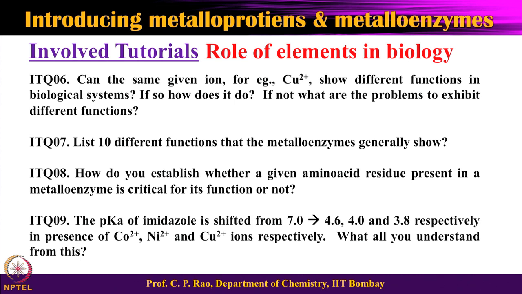If you take iron, there are several hundreds of enzymes, and at least a dozen classes of enzymes. If you take zinc, there are several hundreds of enzymes, at least more than half a dozen classes of enzymes. Take copper, there are several hundreds of enzymes, a dozen different classes of enzymes. So, therefore, the same ion can show different functions in biological systems, provided the protein is different, provided the protein mantle and the immediate surroundings, the primary coordination, the secondary coordination, and the whole protein are different.